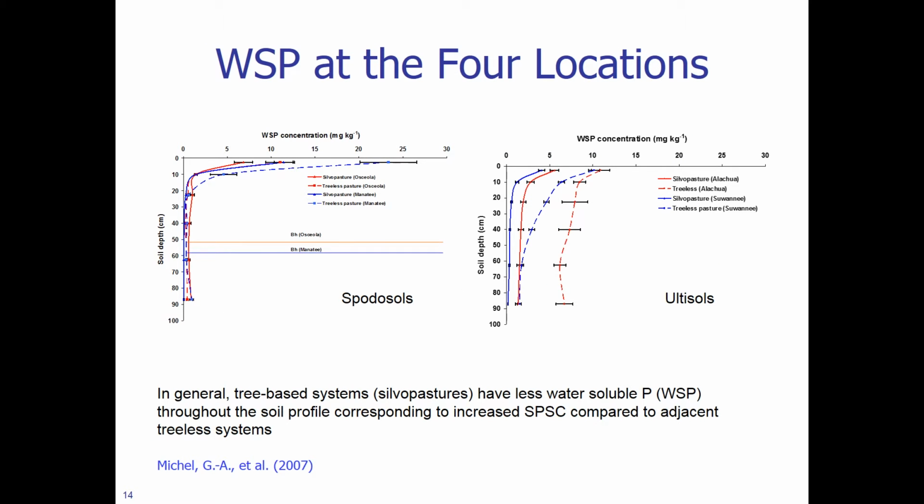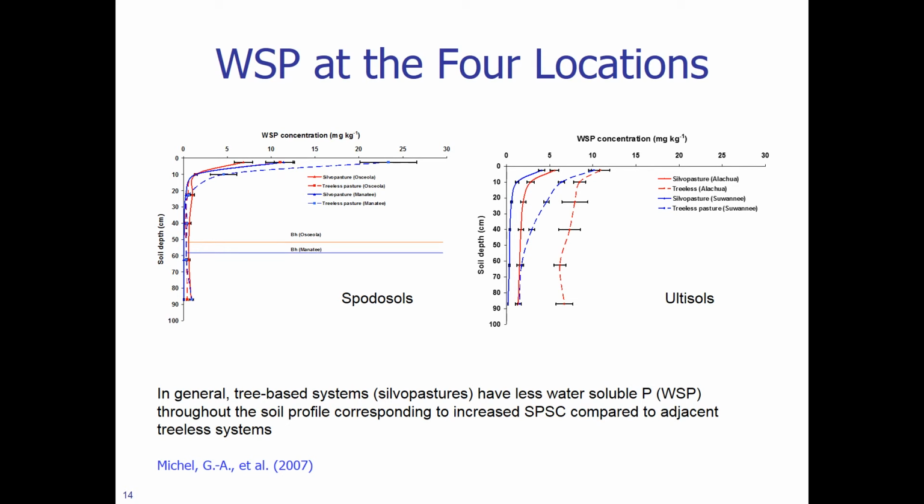We now look at water-soluble P at the 4 locations. The water-soluble P here is depicted on the x-axis with depth on the y-axis. The left-hand figure is for spodosols and the right-hand figure is for alfisols. Broken lines in both represent treeless pastures, whereas solid lines represent the silvopastures.